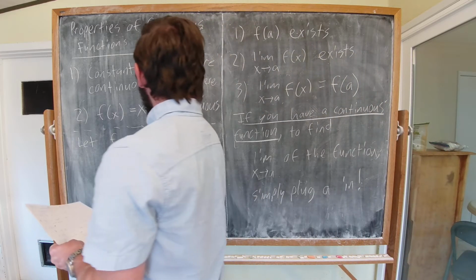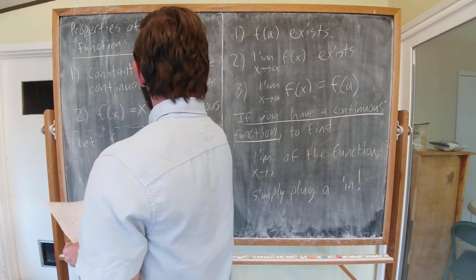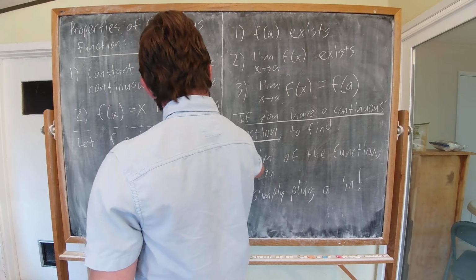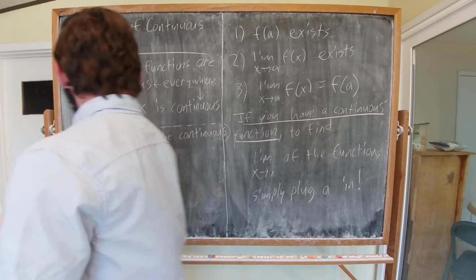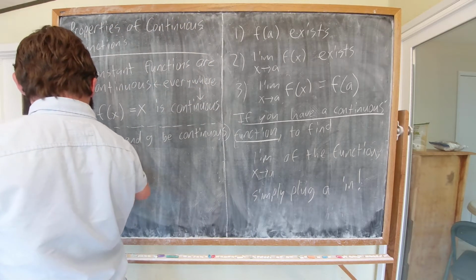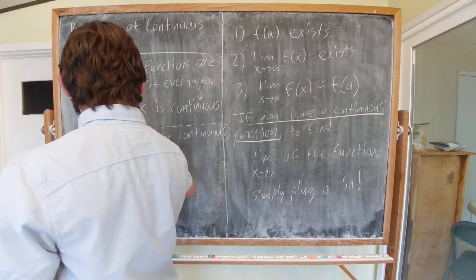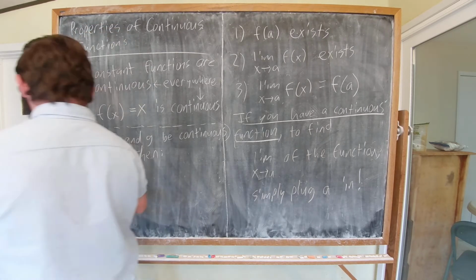Now, if we have two continuous functions at a point, then we get a whole slew of other continuous functions.